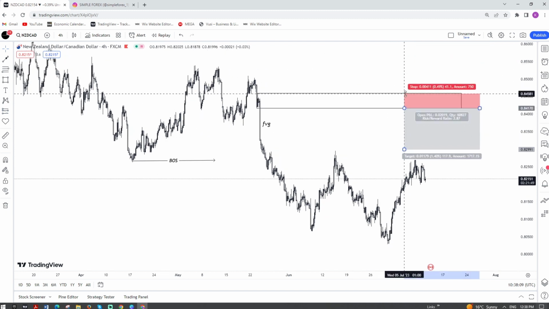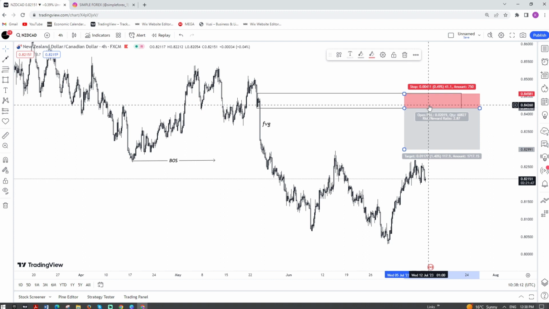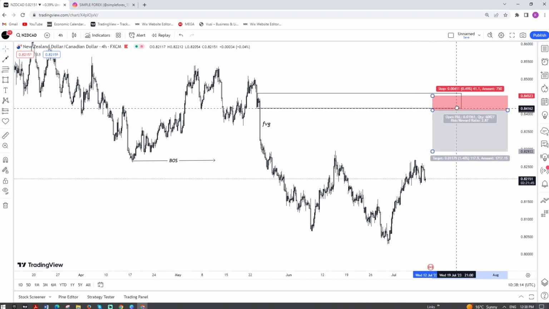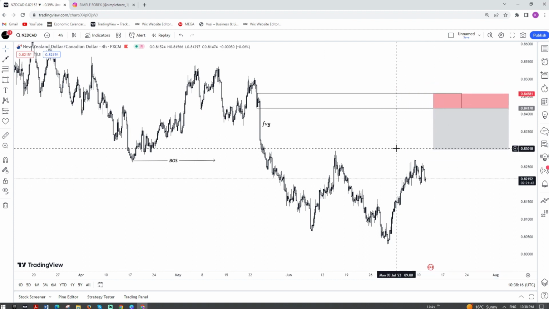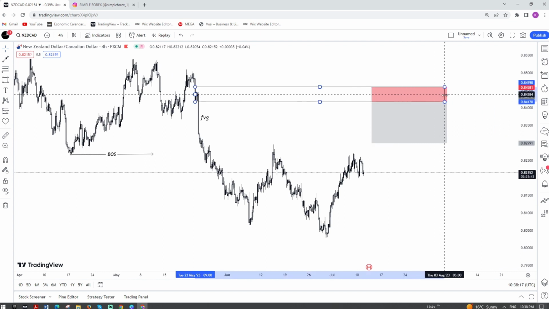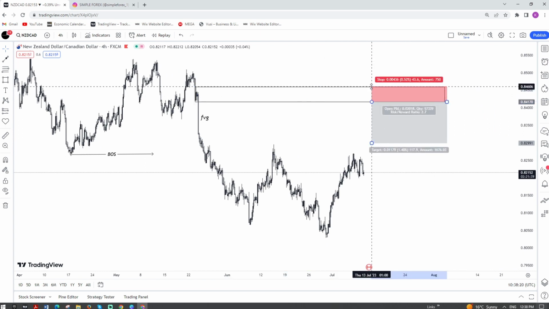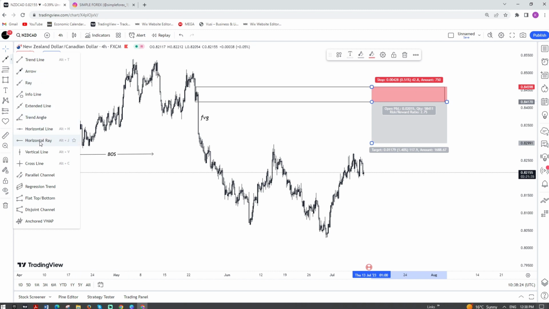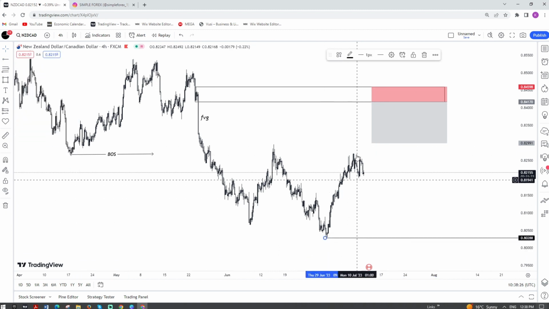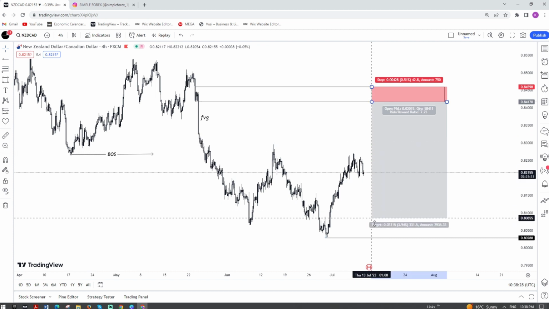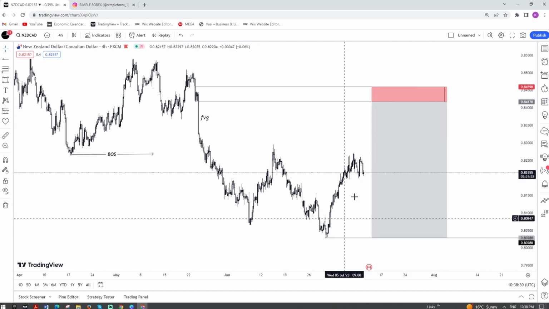So I'm going to target this order block right there. Let me just take it this side a little bit. I'm going to target that order block right there, and then my take profit would be on the low right there, on this low right here. Here's that low over there.